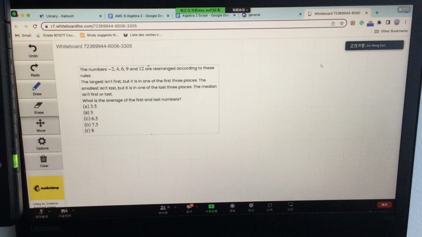Okay, this question is a combination of logic and definition. I'll give you maybe 30 seconds for this one, because it requires a bit more thinking.